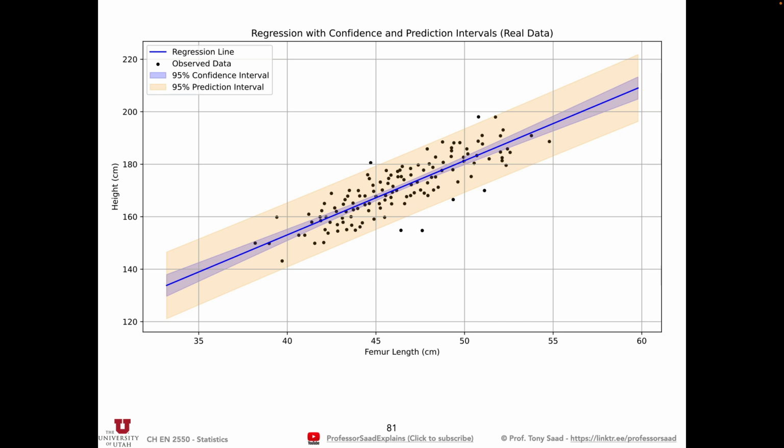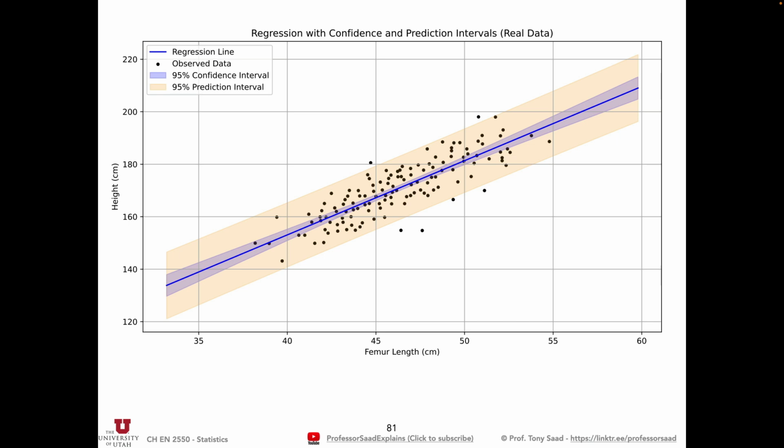The confidence interval is shown in this blue band, and notice how it shrinks and expands as we go away from the center of the data, because we have a lot more uncertainty away from the data. As you get closer to the center of the data, you have more certainty, so your confidence interval starts shrinking. But your prediction interval is in this yellow band, and it's much wider, and it hardly changes.